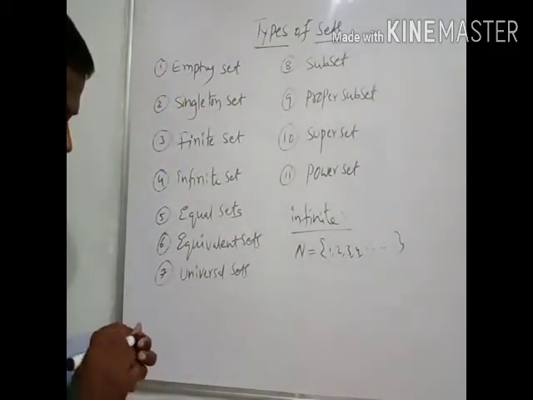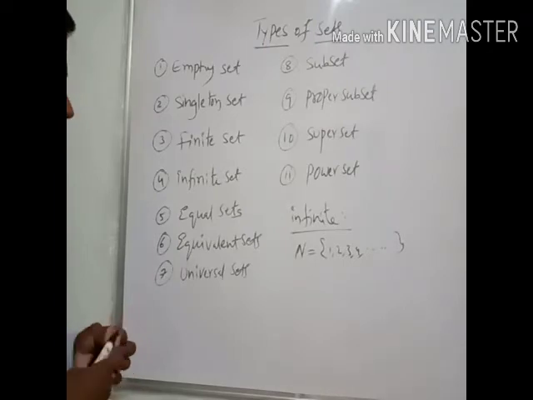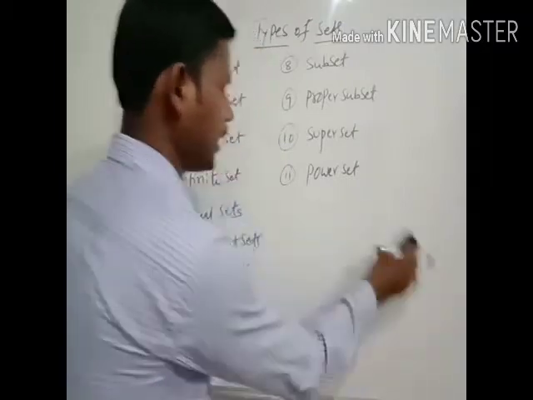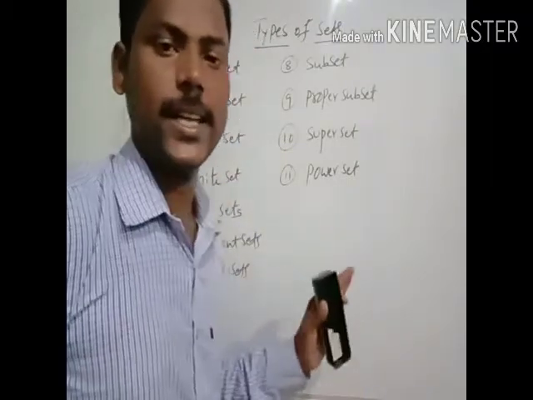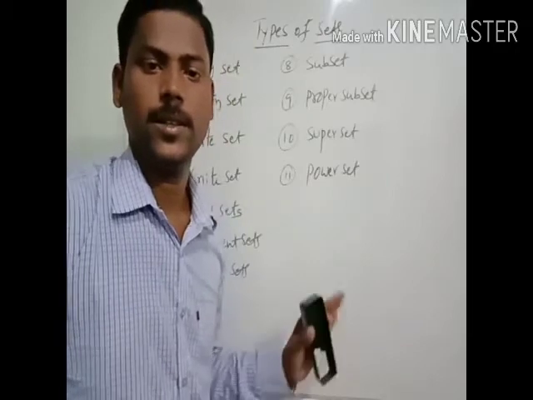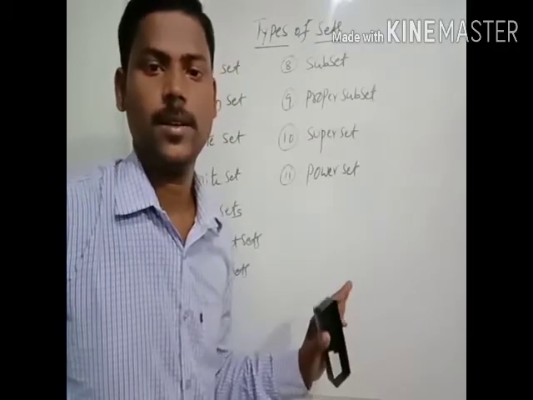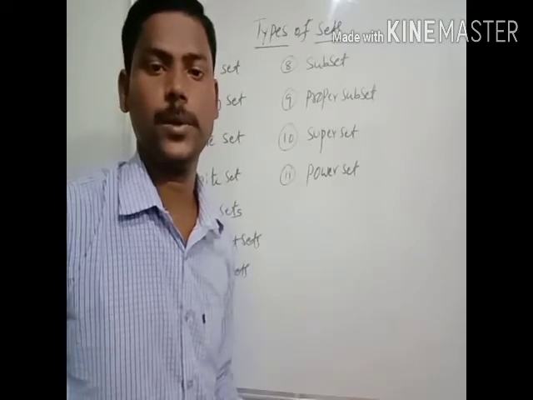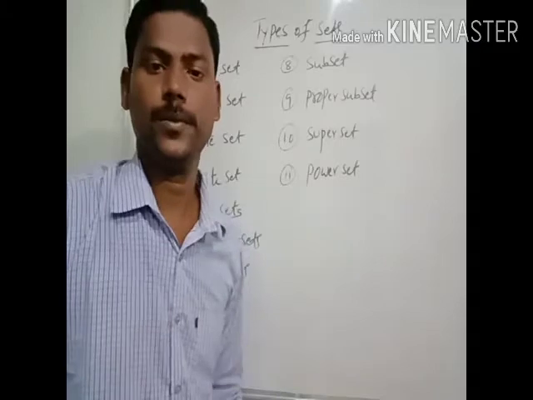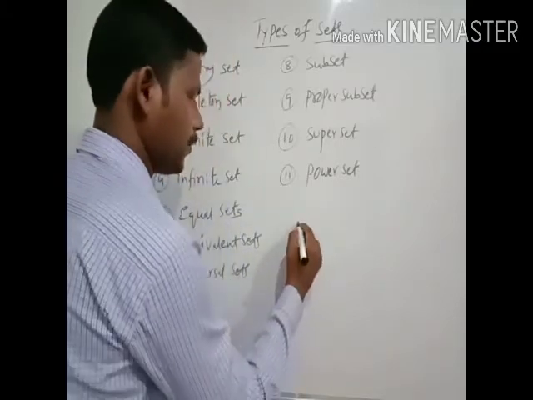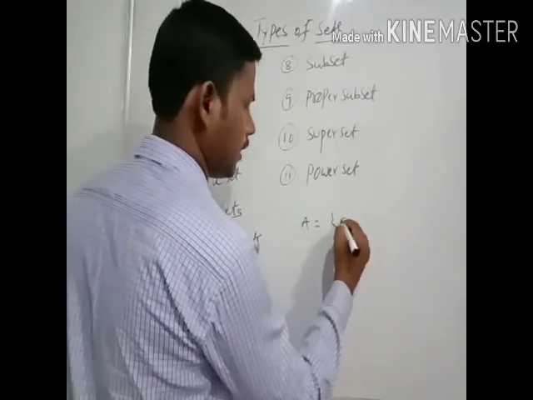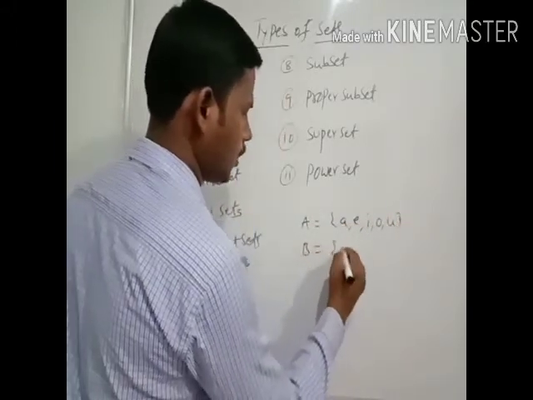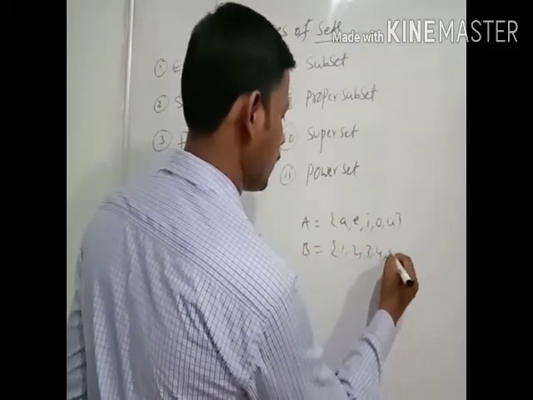Next, equivalent set. What is an equivalent set, children? If two sets have an equal number of objects, for example set A containing A, E, I, O, U and set B equal to 1, 2, 3, 4, 5.